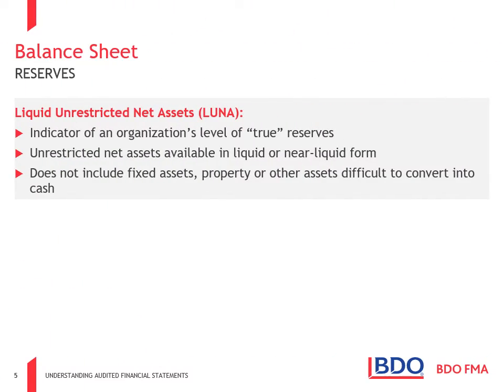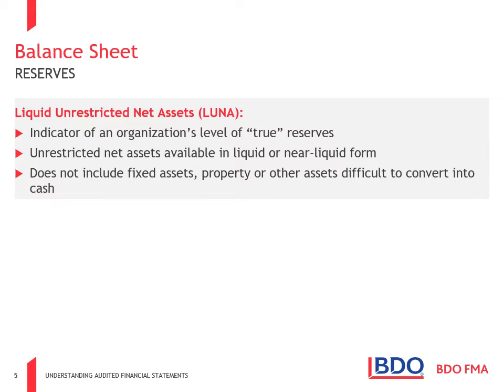A key metric to look for on our balance sheet is our liquid unrestricted net assets. Our total net assets without donor restrictions, or unrestricted net assets, include the value of any property or equipment we own, like if we were to own a building, for example.